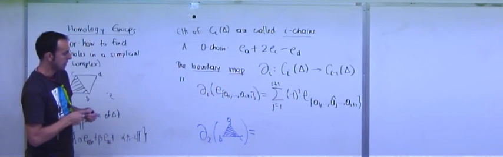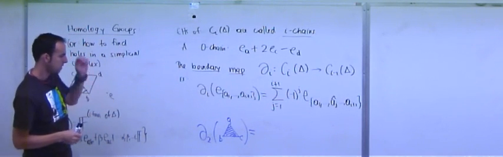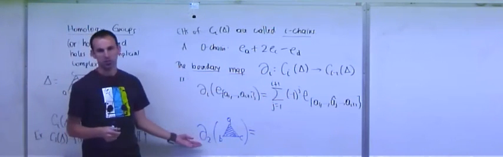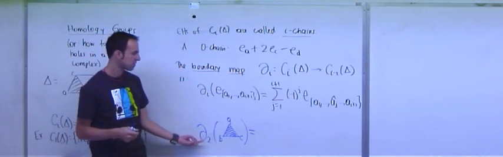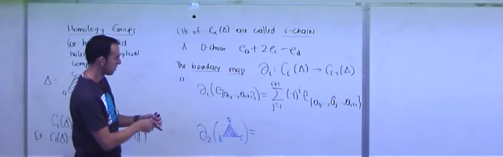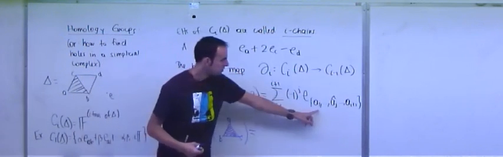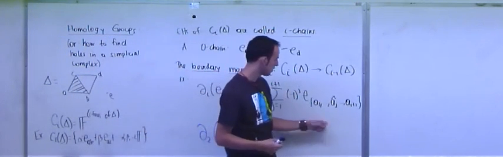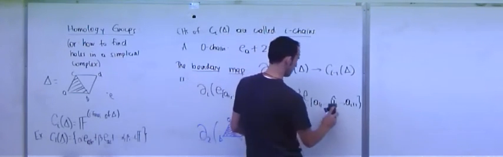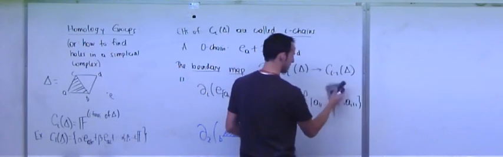And what am I doing? Well, I'm telling you that I'm mapping this guy to the boundary of the triangle. So what's the boundary? Well, if you look at this, what this is saying is go down the list of all the indices.